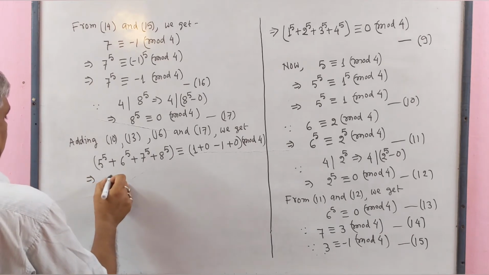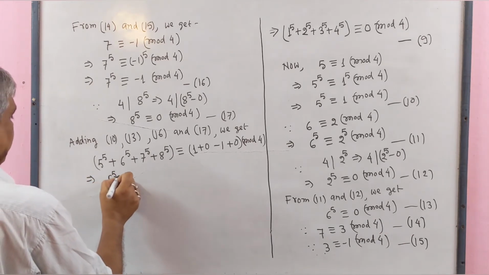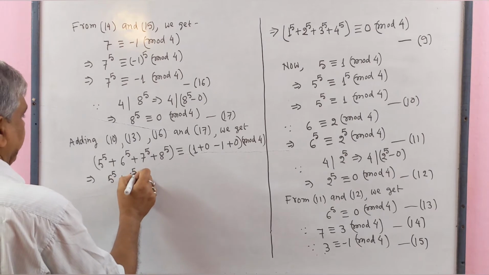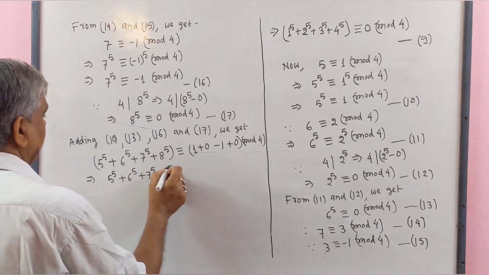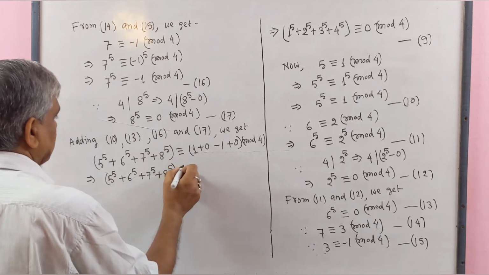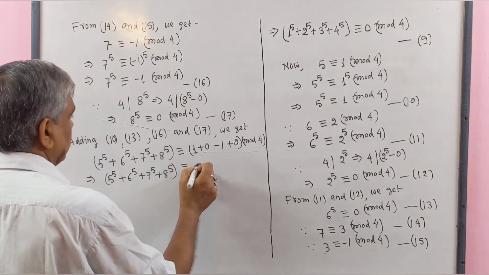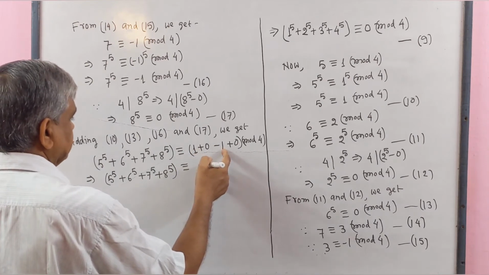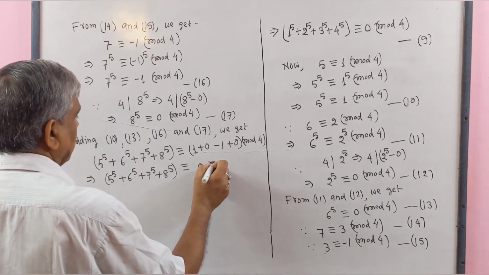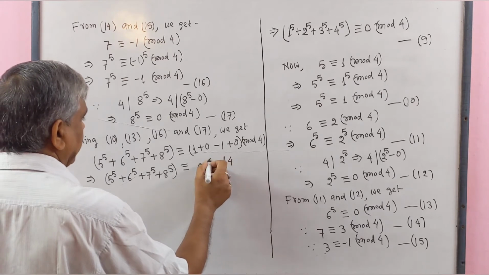Implies that 5 to the power 5 plus 6 to the power 5 plus 7 to the power 5 plus 8 to the power 5 is congruent to 0 plus 1 minus 1. Cancel. So 0 modulo 4.